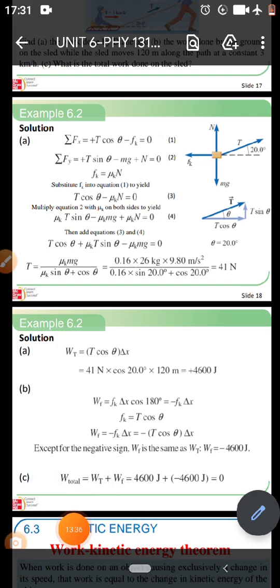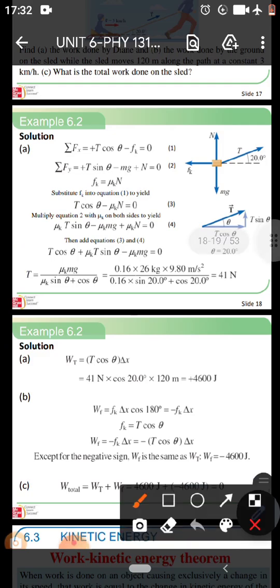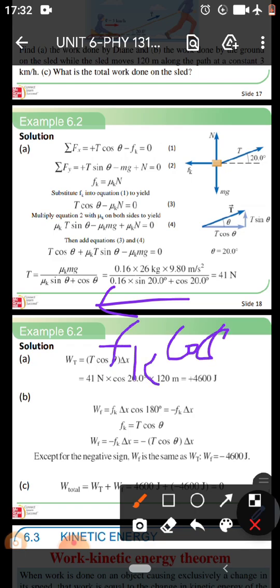The frictional force, cos theta, the component that's parallel to the displacement, times, so this is the component of the frictional force that is parallel to the displacement.